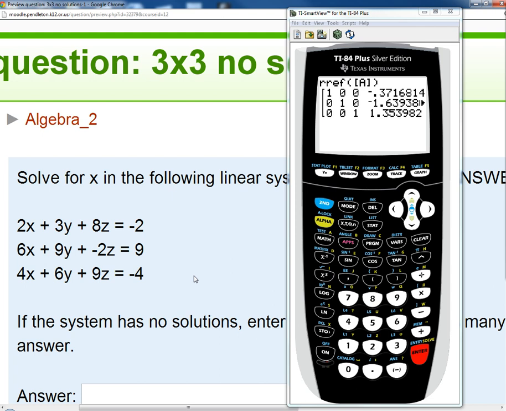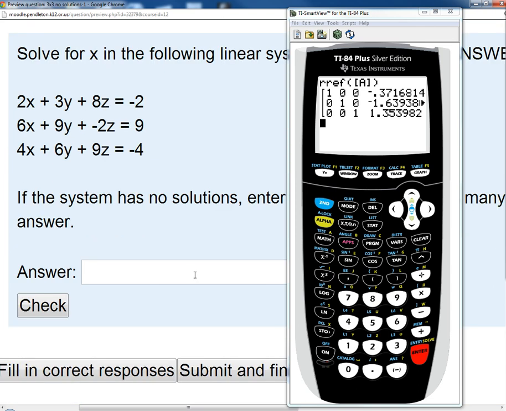Everybody try this one real quick. Put this one in for matrix A and see what happens. Okay, and I want you to solve for x.